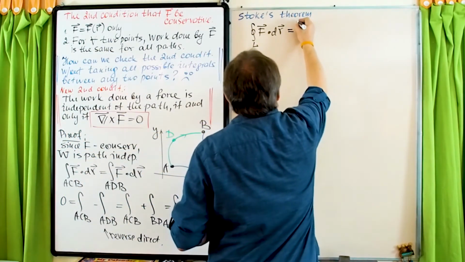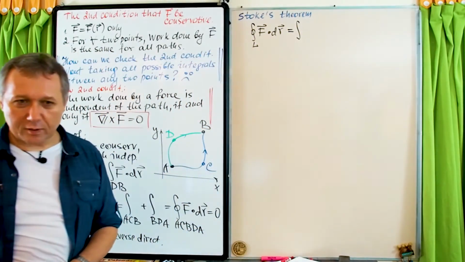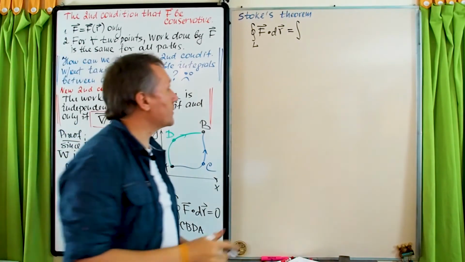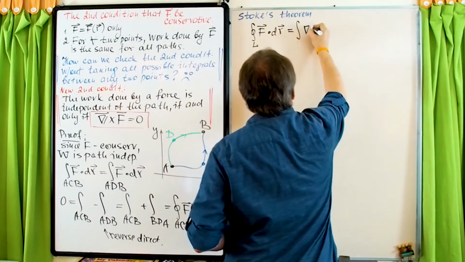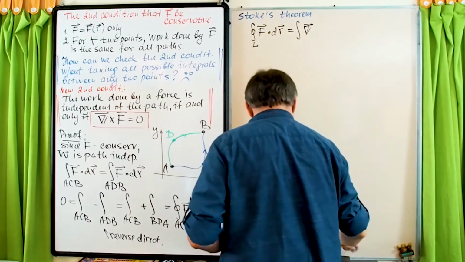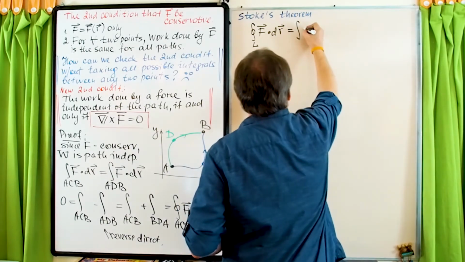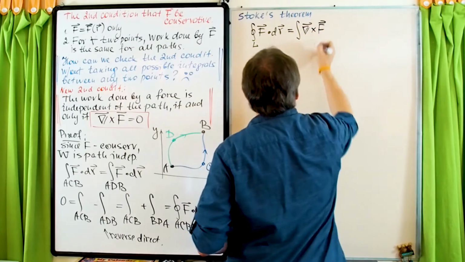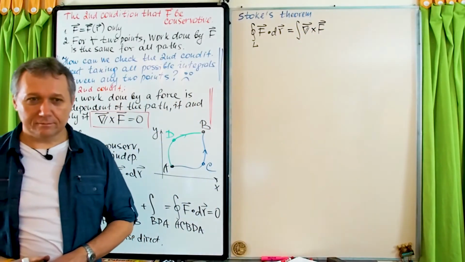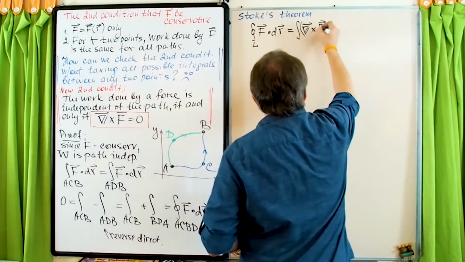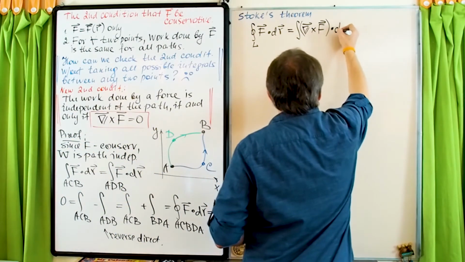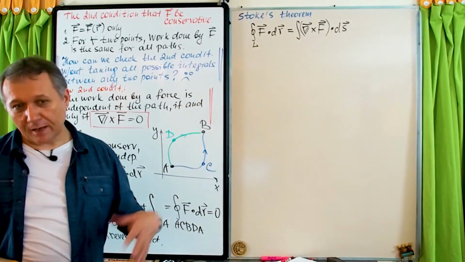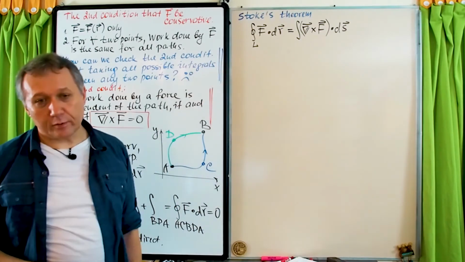equals the surface integral. Of course, now the surface is not closed. It's just bounded by the closed loop, but the surface is not closed. The curl of F dot dS. dS is the area vector, perpendicular to the surface, with magnitude equal to the area of that patch dS.